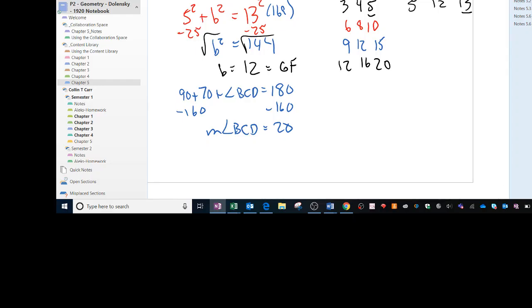So if I gave you a 12, 16, let's say the last one, if I divide the 12 by 4 and the 16 by 4, I should know that this is a 3, 4, 5 triangle. And then if I multiply everything by 4, this would become 20.